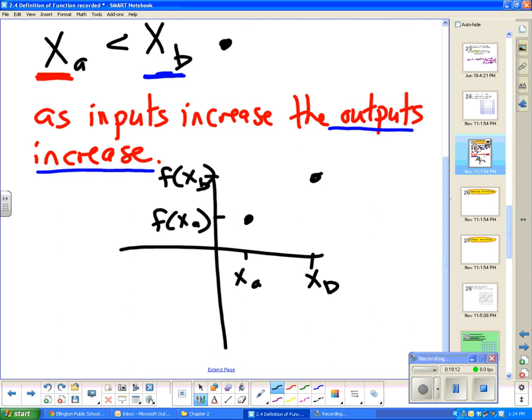And essentially, my graph is going to go up. But it does not have to go up linearly. It just has to go up the whole time. If I erase that line and I had my graph look like this, it's true. As my x's get bigger, as I were to choose successive x's, larger and larger between a and b, my y's are getting larger and larger.